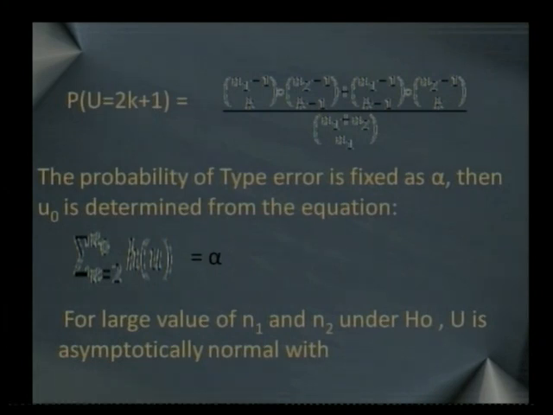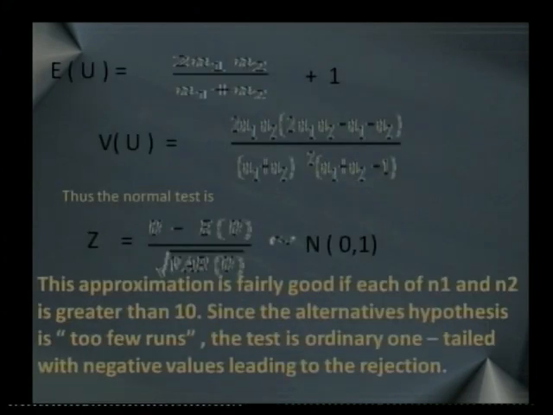For large values of n1 and n2 under H0, U can be considered asymptotically normal. The expectation of U is 2 n1 n2 divided by n1 plus n2, plus 1, and the variance of U is 2 n1 n2 into (2 n1 n2 minus n1 minus n2), whole divided by (n1 plus n2) square into (n1 plus n2 minus 1).